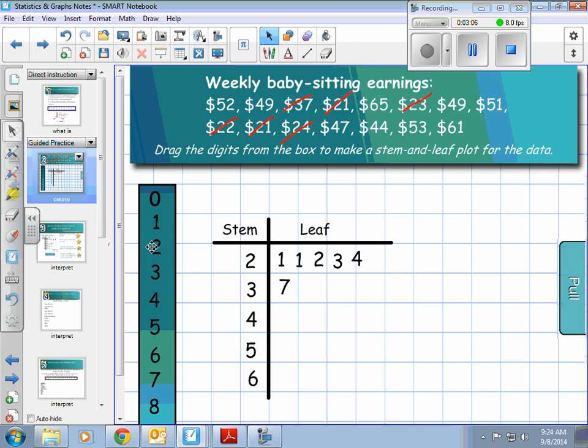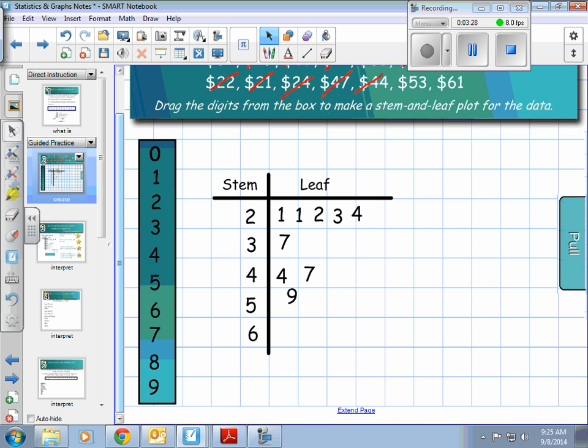Then I go on to the 40s. I have 44 and 47, and then I also have 49 and 49. You need to make sure that when there are doubles, you put two 9s because there are two 49s.